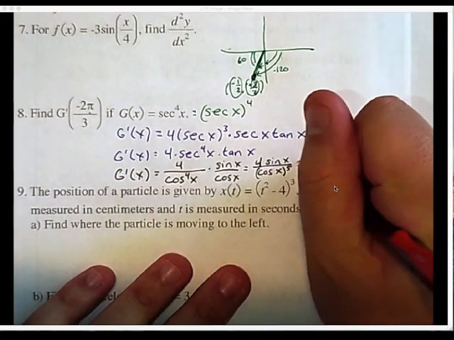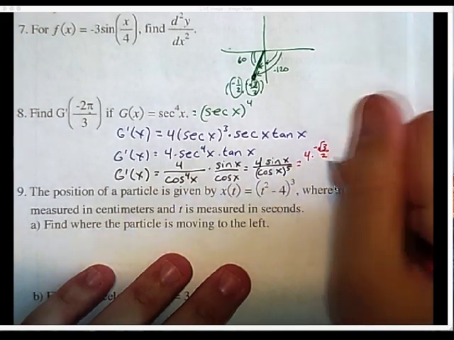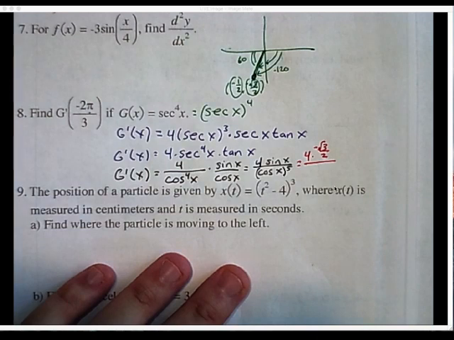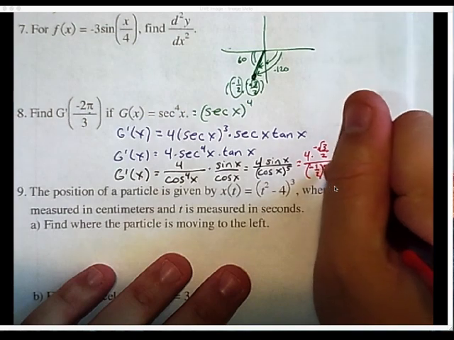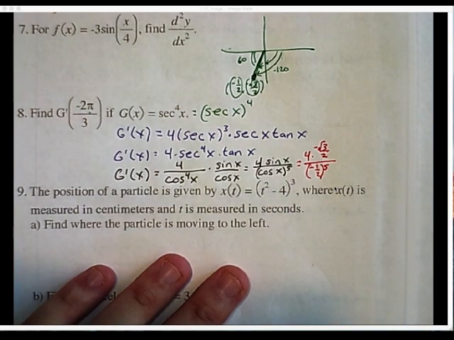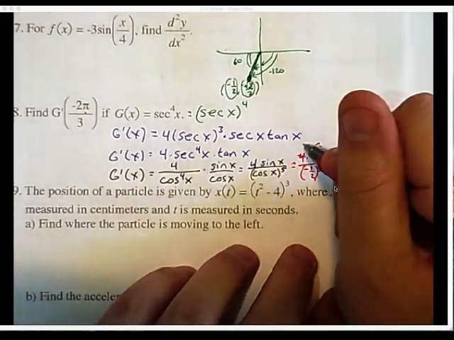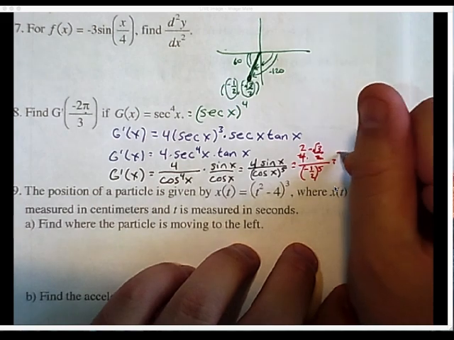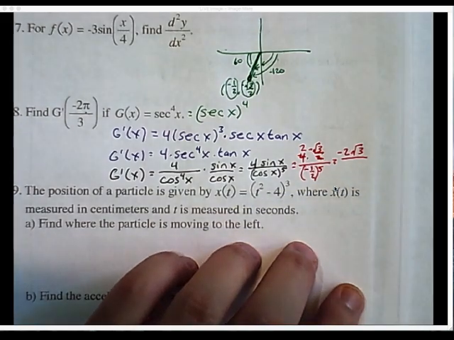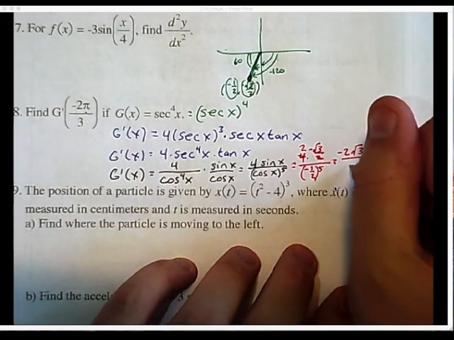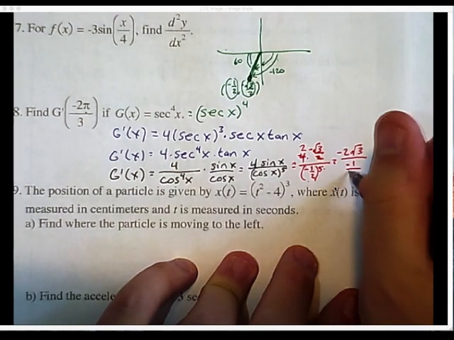So you have 4 times the sine value. That's negative square root of 3 over 2 times negative 1/2 to the 5th power. So if we simplify here, 4 over 2 becomes a 2. So you have negative 2 square root of 3 over negative 1 to the 5th power is negative 1. 2 to the 5th power is 32.